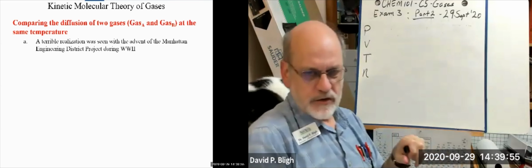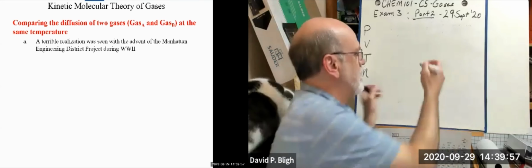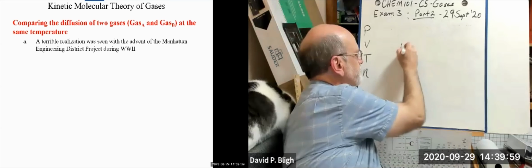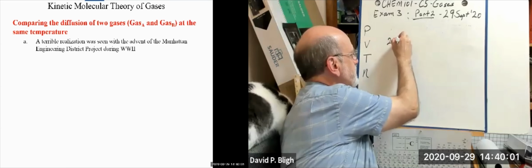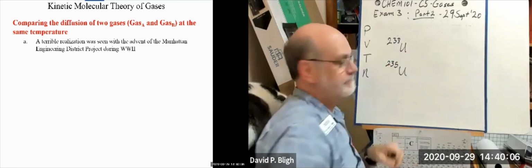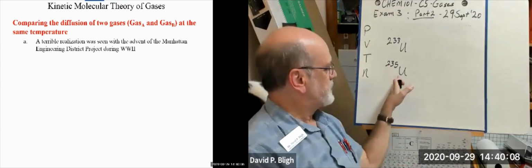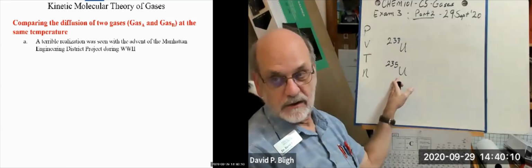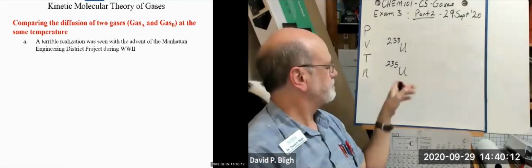Right? So the two major isotopes in uranium are 238 and 235. Right? This one is very small, a minor amount, a fraction of a percent.